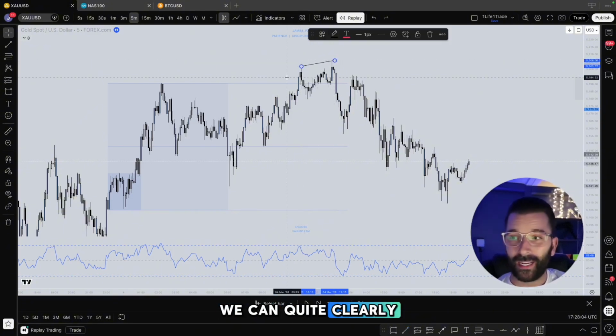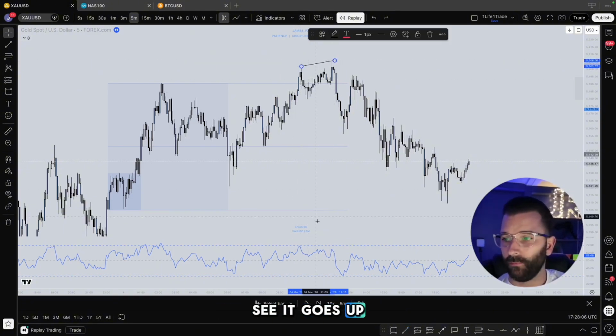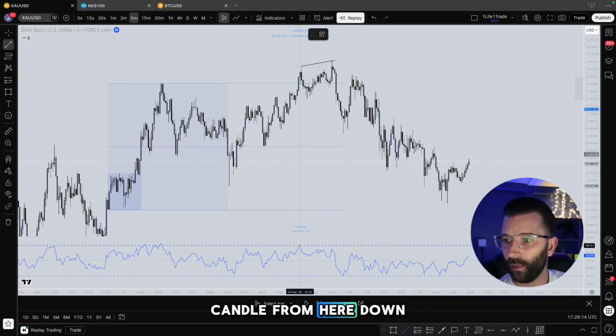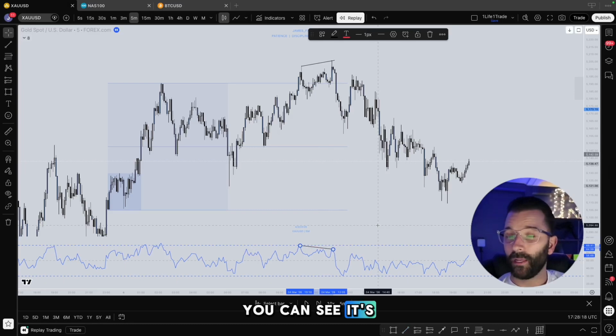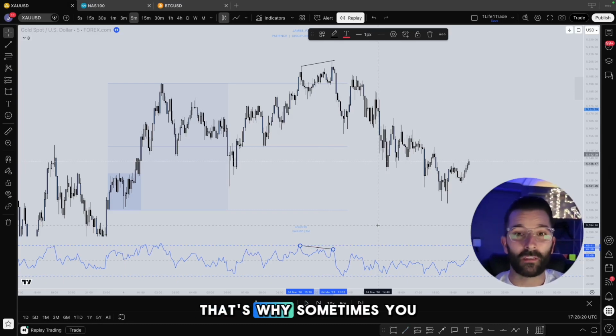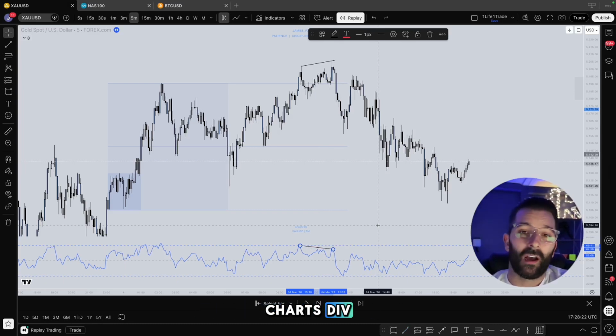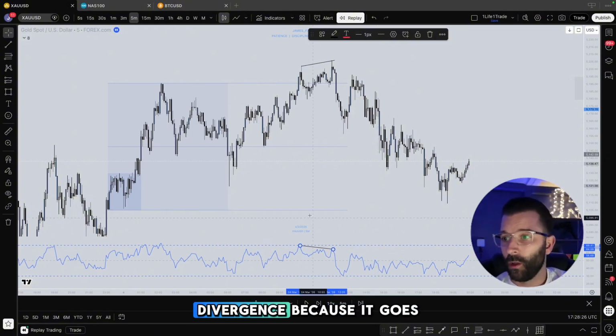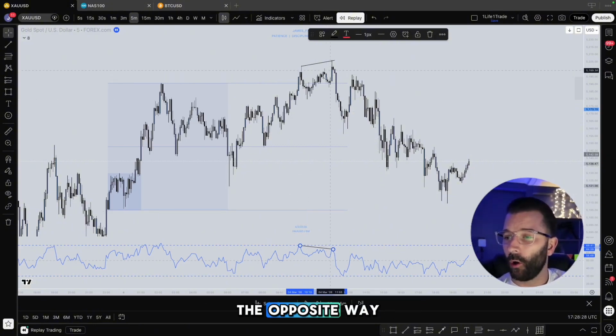We can quite clearly see it goes up. But if you look directly below, on the same candle from here down to here, you can see it's got a divergence. That's what they call it. That's why sometimes you might see DIV on my charts. That's what I mark on my charts, divergence, because it goes the opposite way.